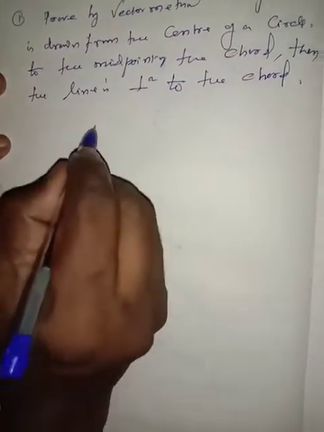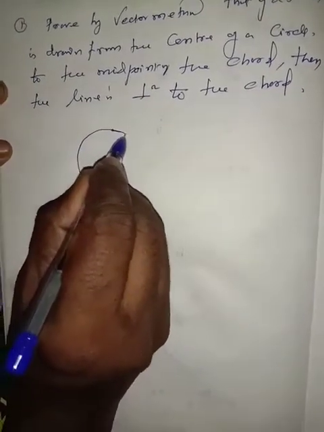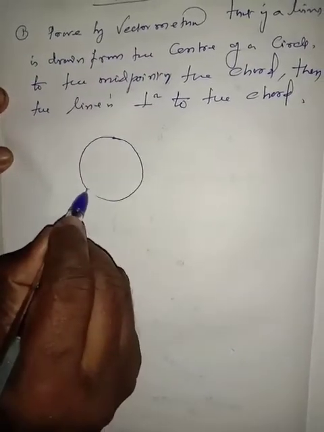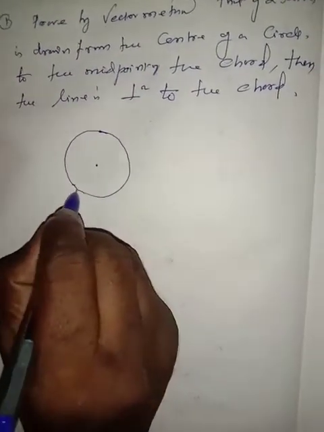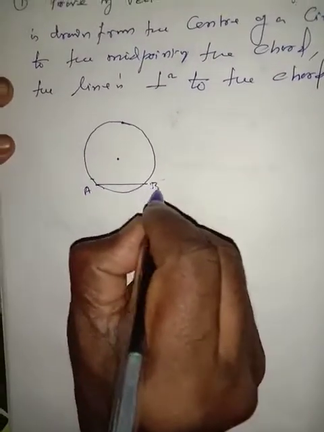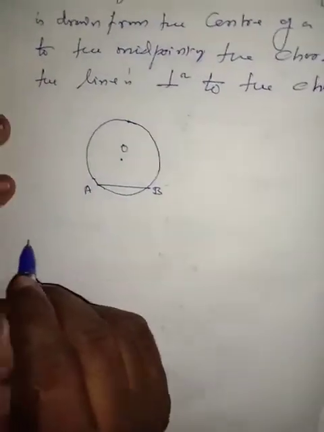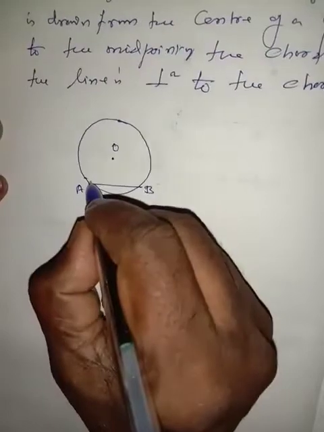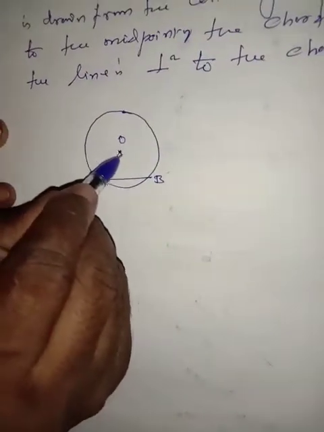Draw a circle with center at O. AB is a chord, center is O. Now join OA and OB.